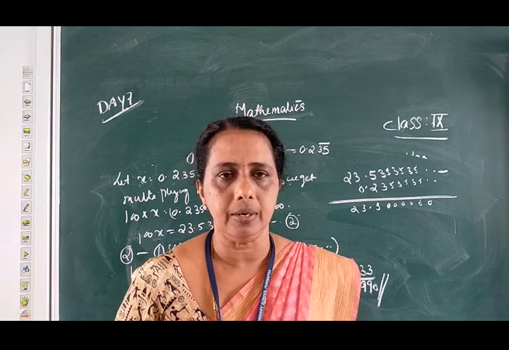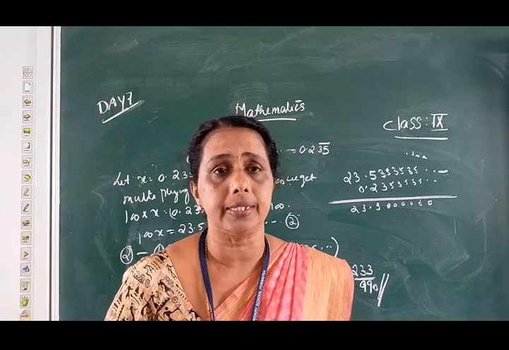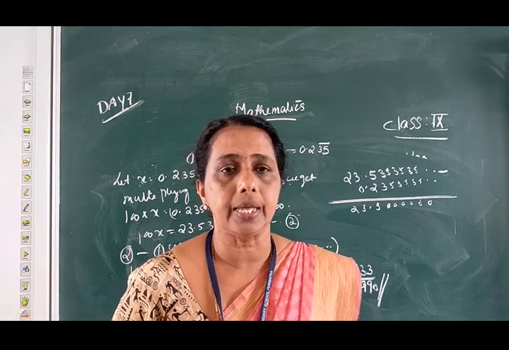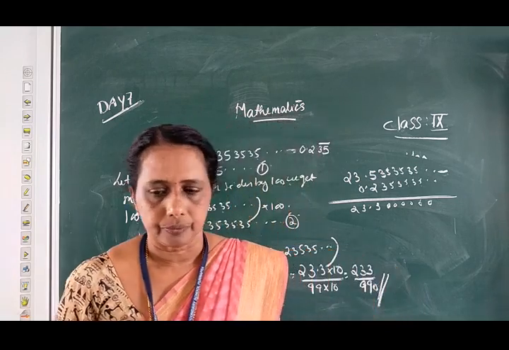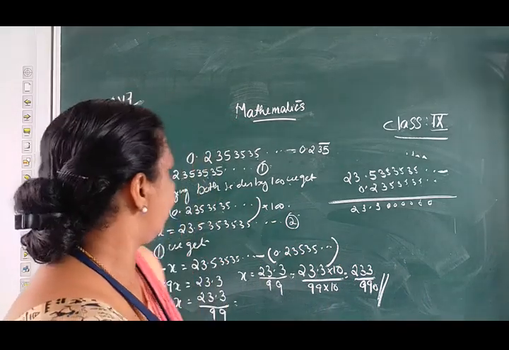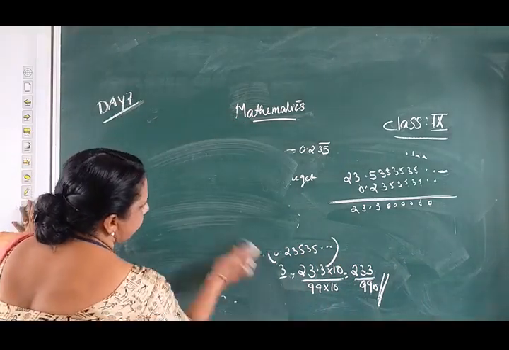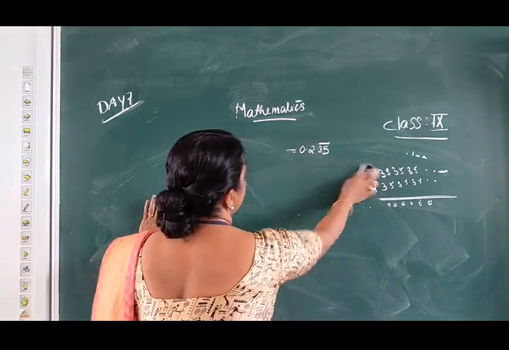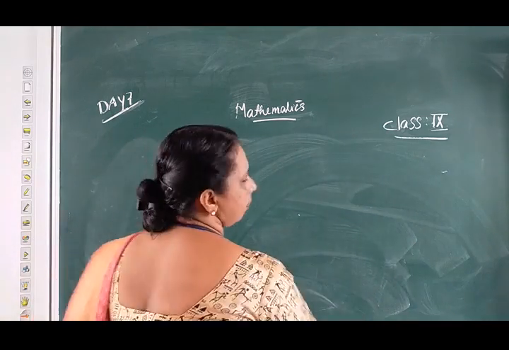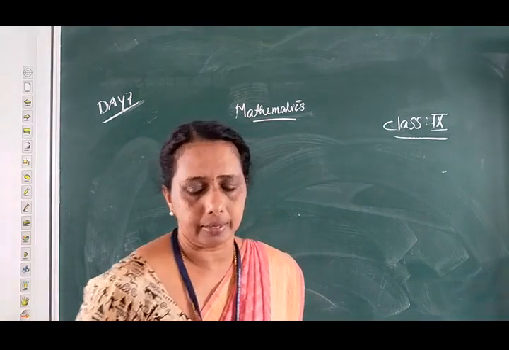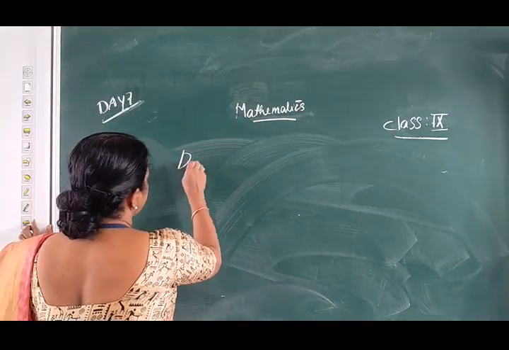And if a number's decimal expansion is terminating or non-terminating repeating, then that number is a rational number.